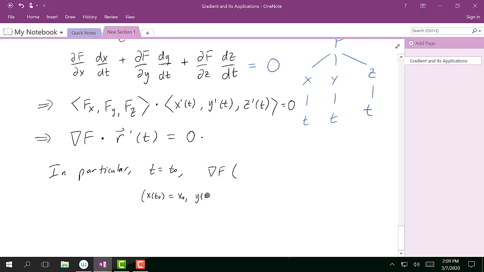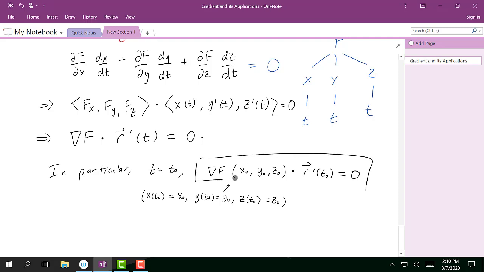Same for y. Whoops, sorry. y of t naught equals y naught. z of t naught equals z naught. So what we're going to get is the gradient of F evaluated at this point right here, dotted with this tangent vector r prime of t naught equals 0.